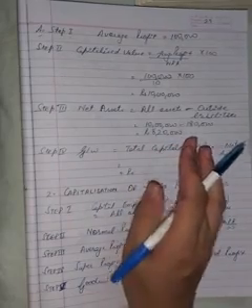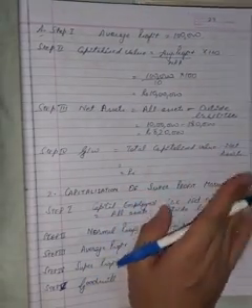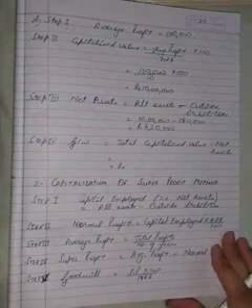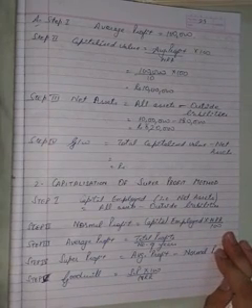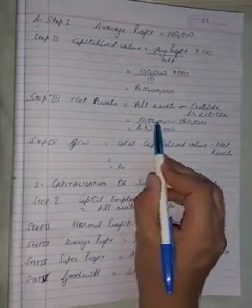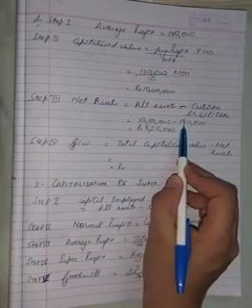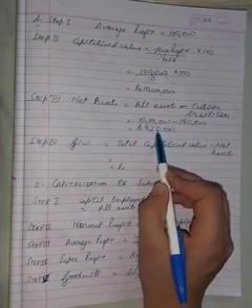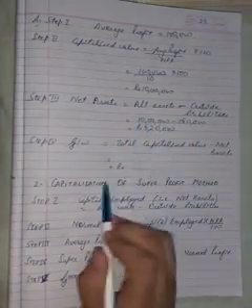If they are writing all assets, we have to assume that they are already ignoring fictitious assets and non-trade investments. So we will take that amount directly. 10 lakh minus outside liabilities 1,80,000, so the net assets amount will be 8,20,000.